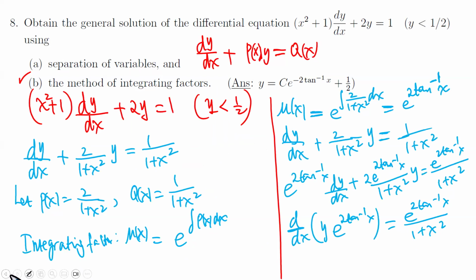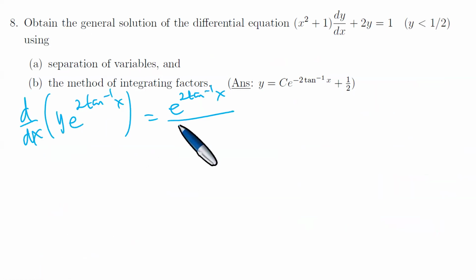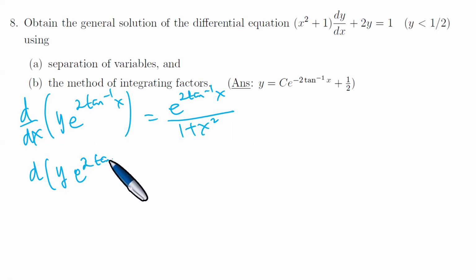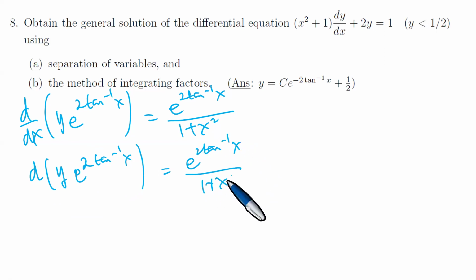Okay, and then 1 plus x squared. Now you can, well, imagine cross multiplication. After x divided by 1 plus x squared.